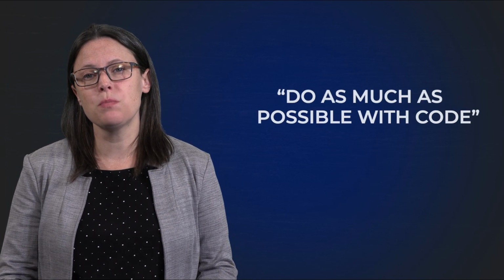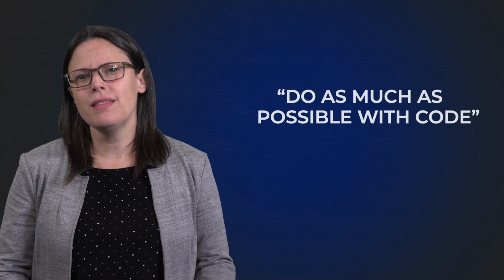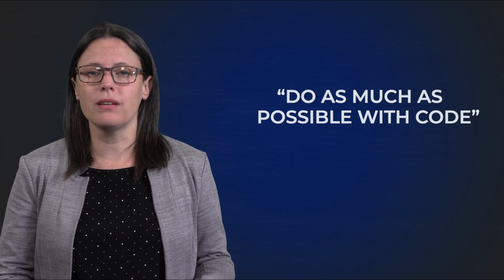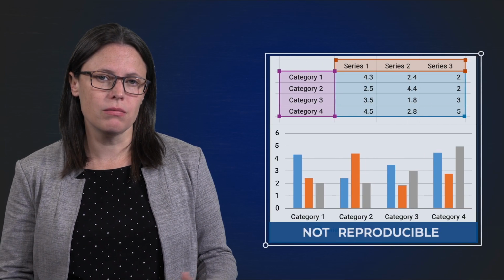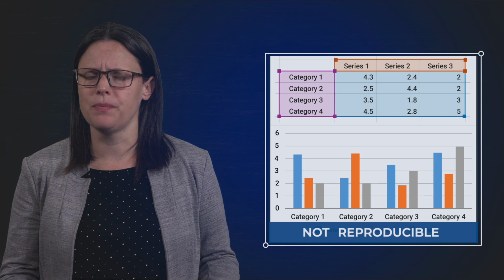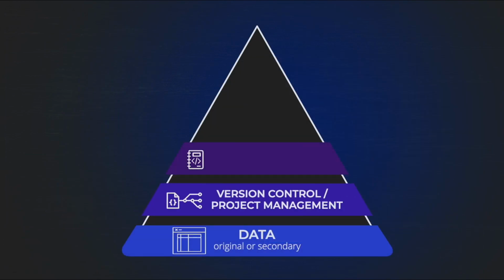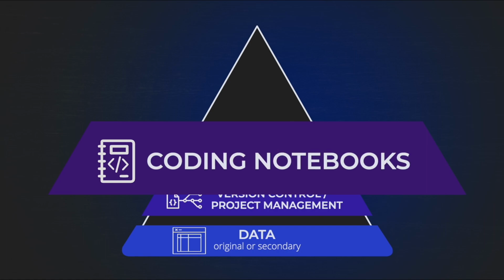Another key tenet you may hear related to working in a reproducible manner is do as much as possible with code. This is because using any point-and-click interface, such as Excel, won't truly be reproducible. So a key part of your pyramid is using scripts or coding notebooks for your processing, analysis, and reporting.